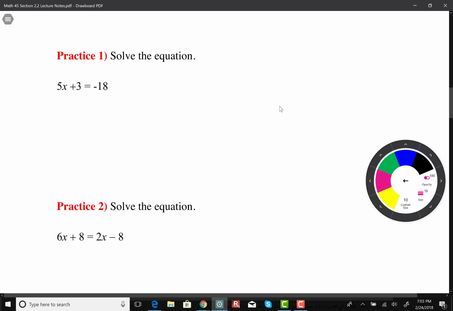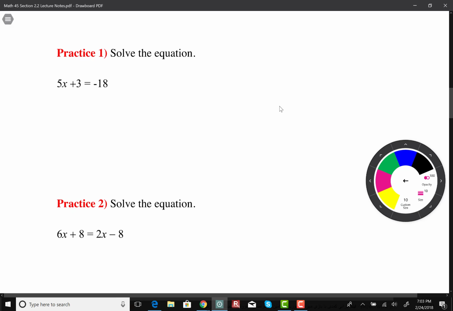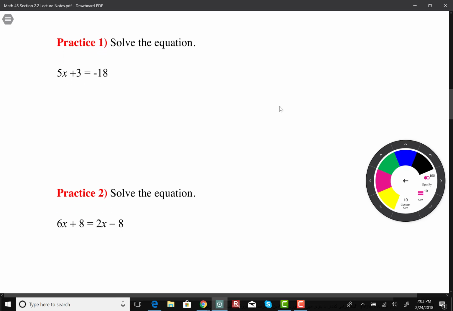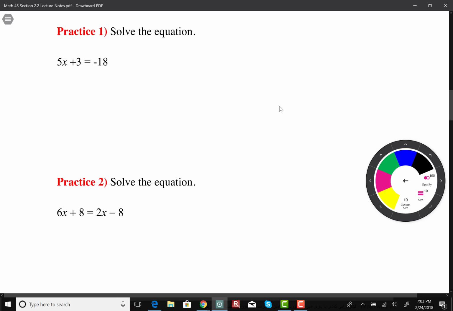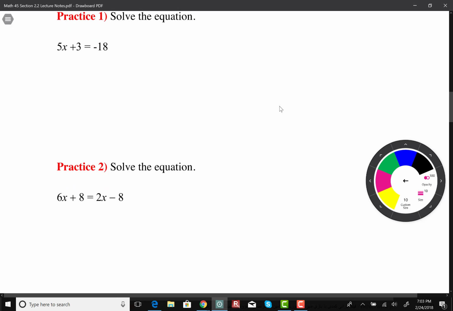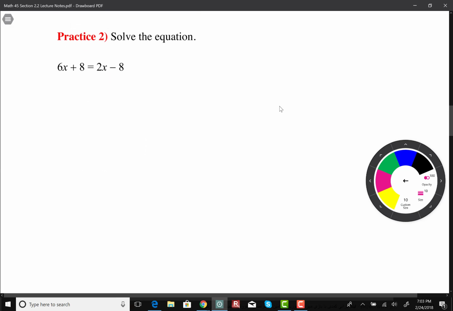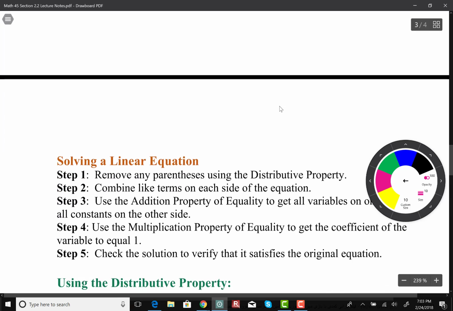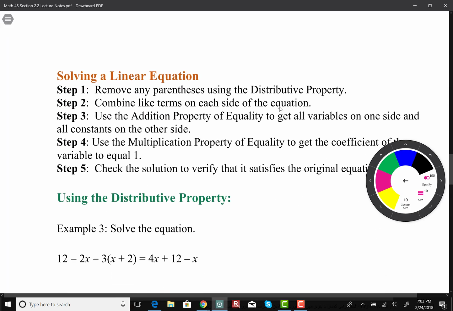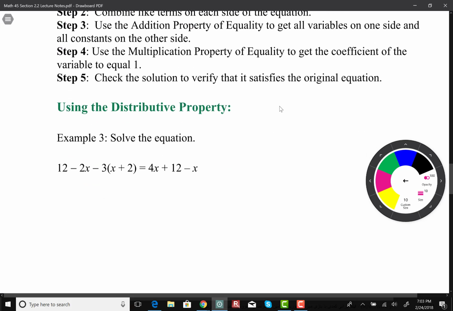When you're done with that assignment, come back here and I'll show you how to make sure your solutions are correct. And after we're done with this objective, I will also talk about the next objective, and that would be examples 3 and 4.